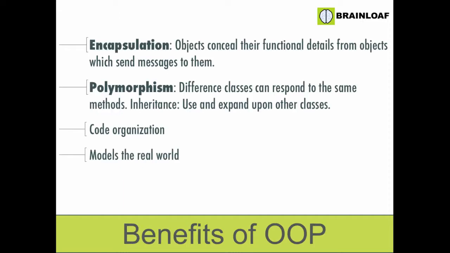Some other benefits to object-oriented programming. One is called encapsulation. This conceals the details of the business logic and the decisions that you make as a programmer, and allows people to use your class without having to know anything about the internal ways that you're handling things.